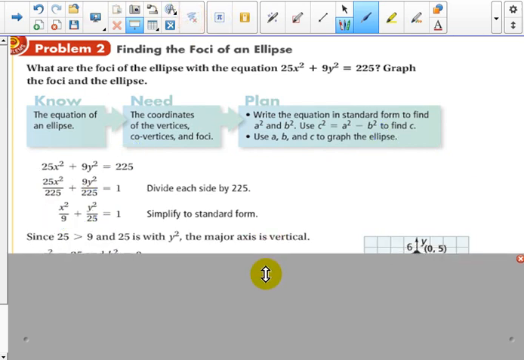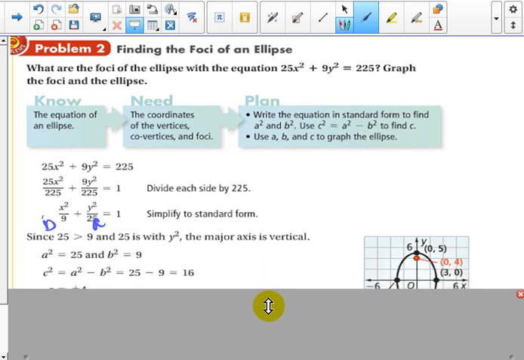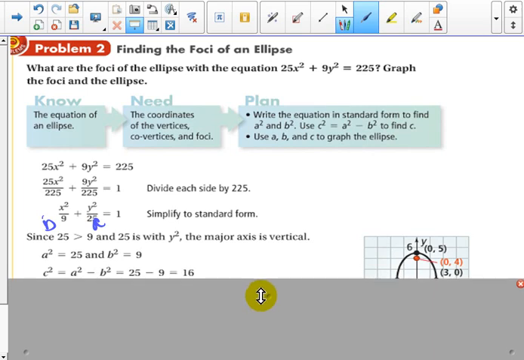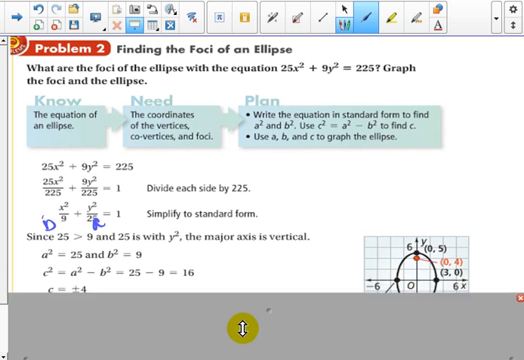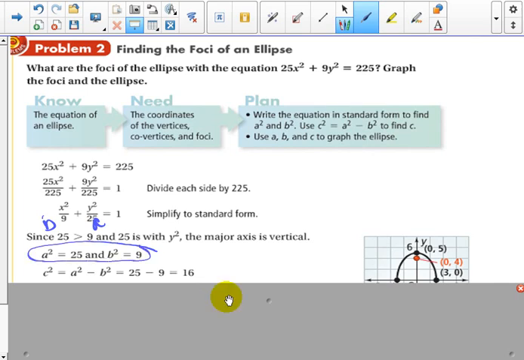So now that means this is our a and that's our b. So a squared is equal to 25 and b squared is equal to 9, so a is equal to 5 and b is equal to 3.